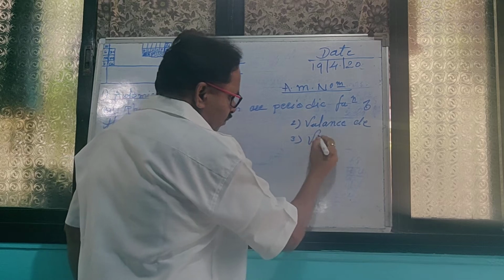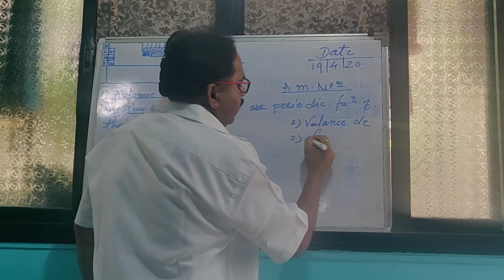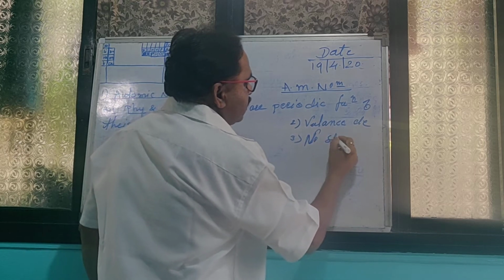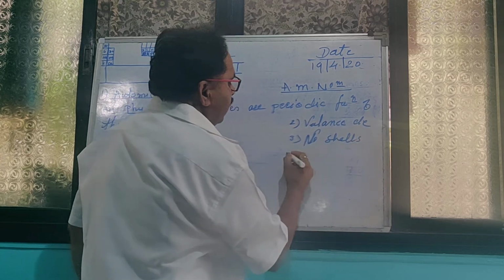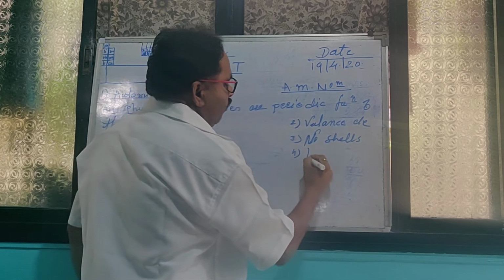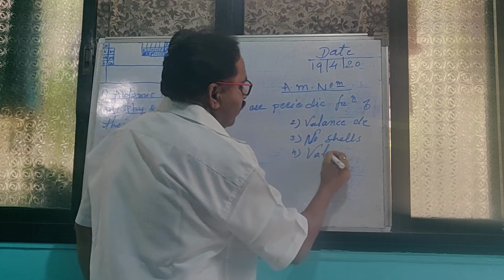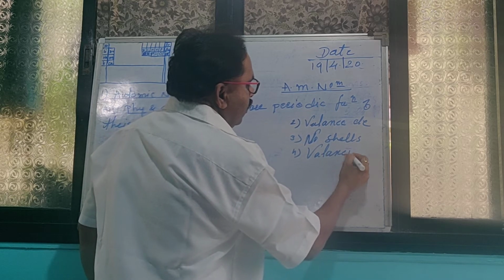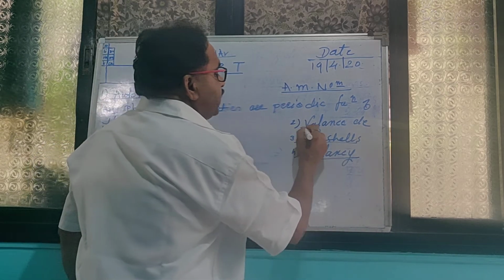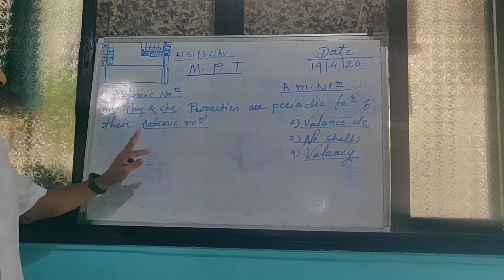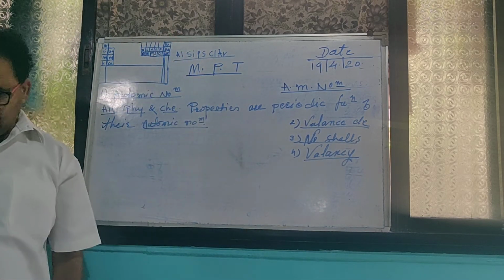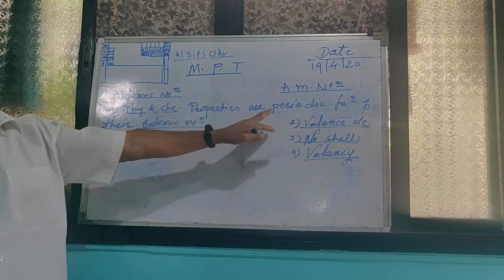Third, number of shells. Fourth, valency. These terms are very important when we start the modern periodic table. We already discussed these topics.